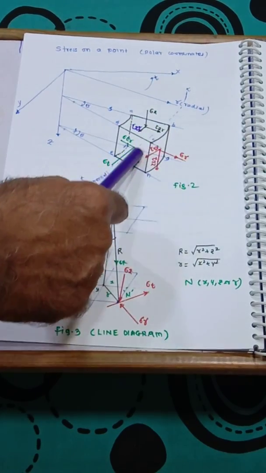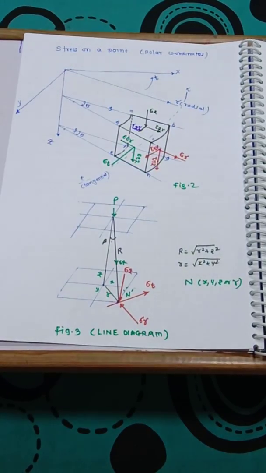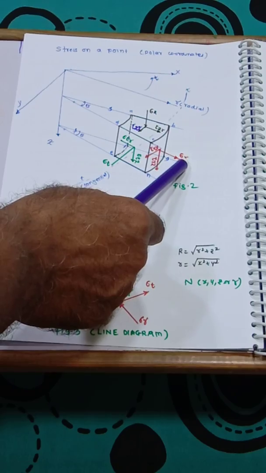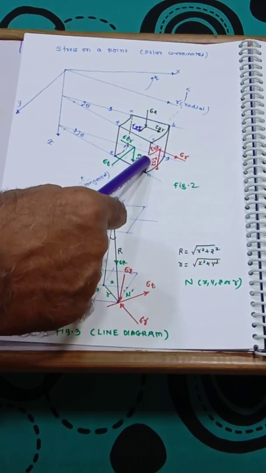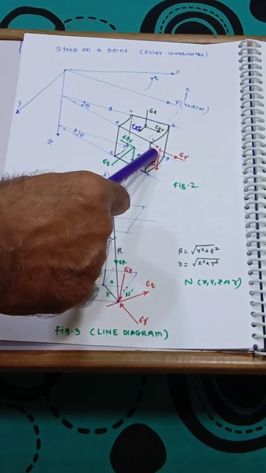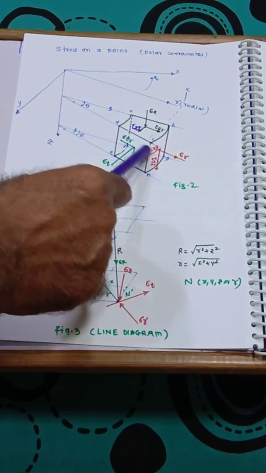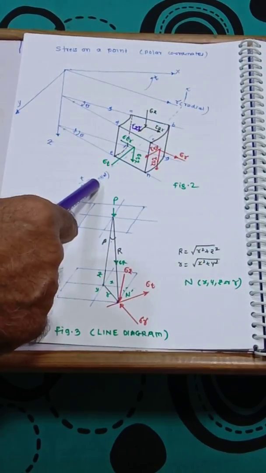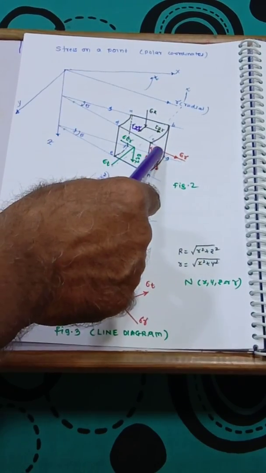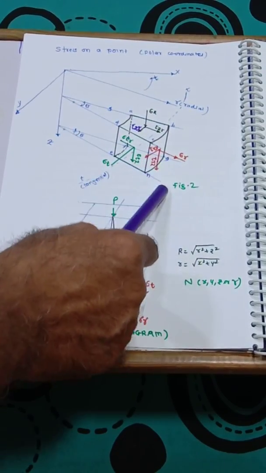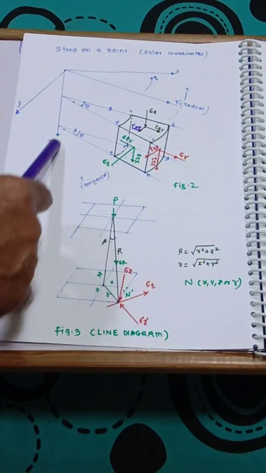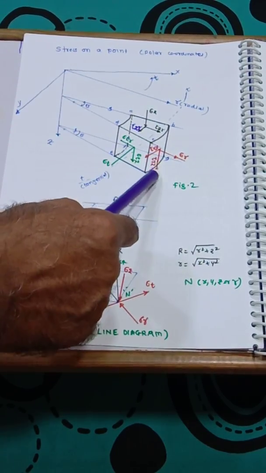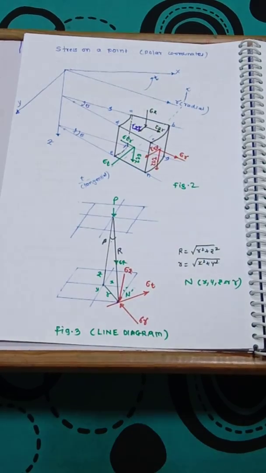Therefore, all the stresses acting on this have first letter r. This is perpendicular, and the other two are parallel. That's why you see tau ry, because distance r, parallel y. Here distance r, vertical stress tau r, and this is parallel to z, so tau rz. In this way it is designated.